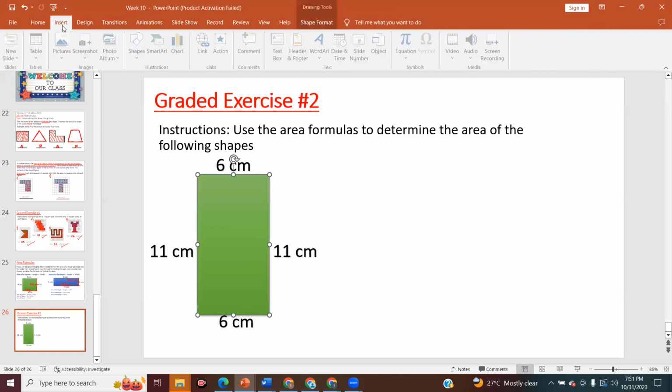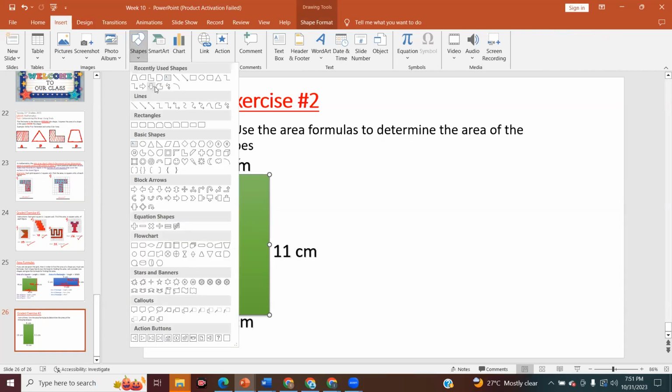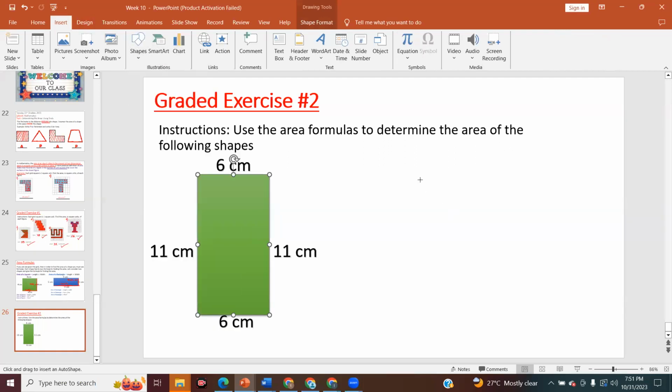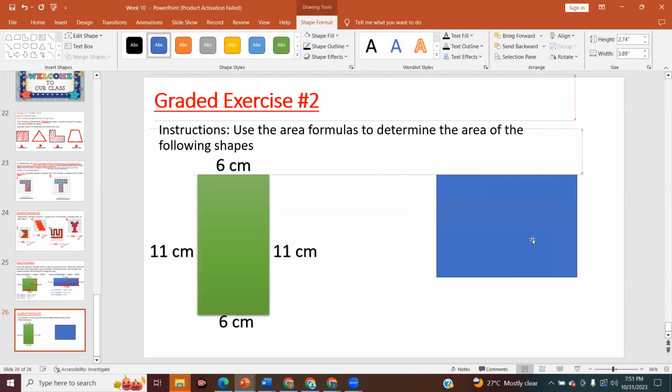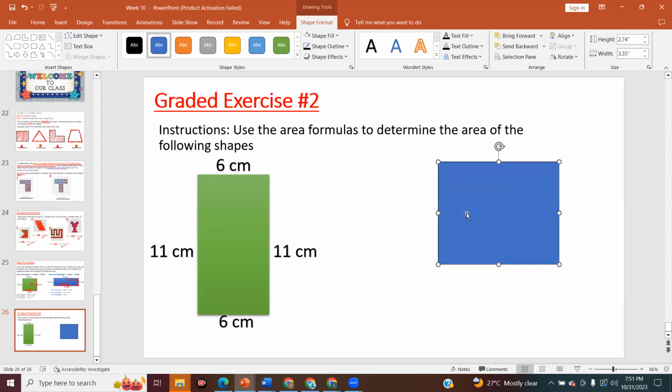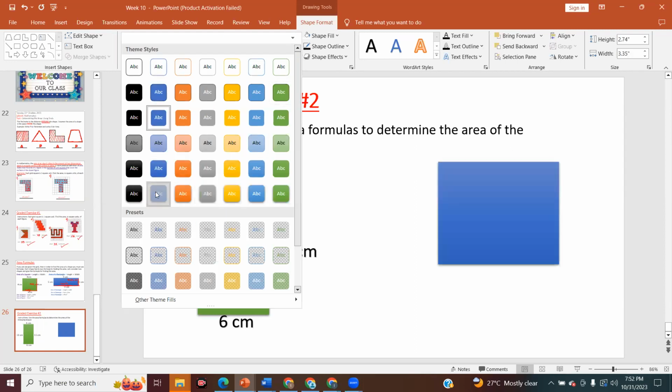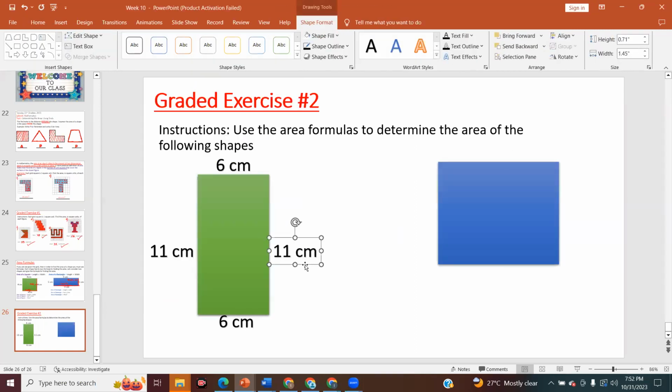And so we have another shape here. Say that this one is 8 centimeters.